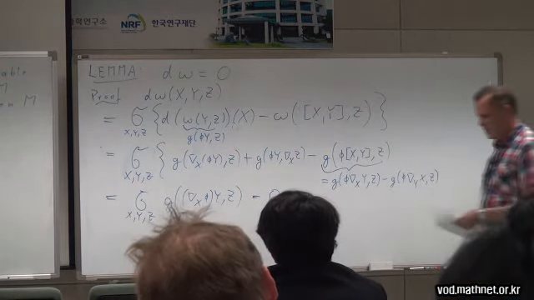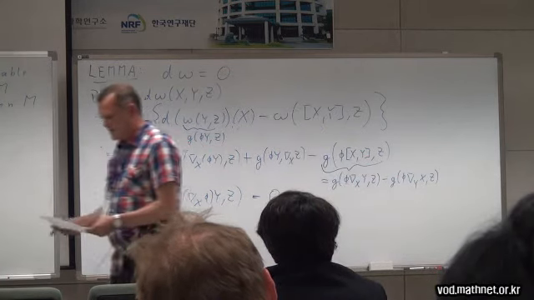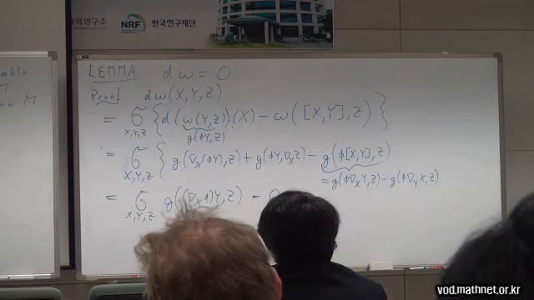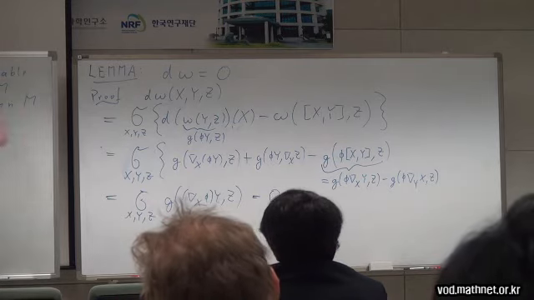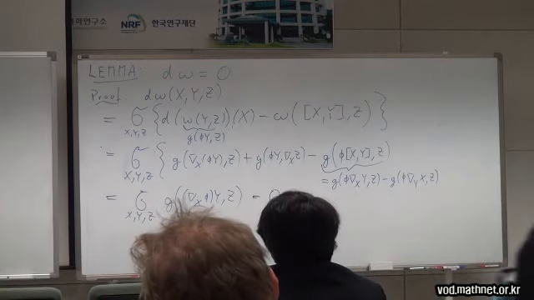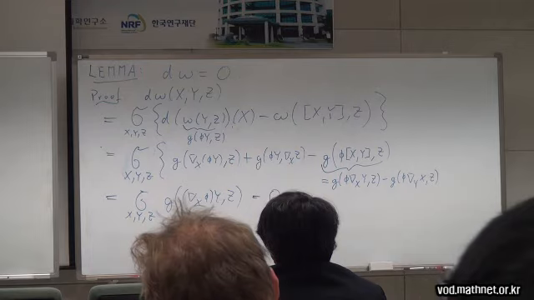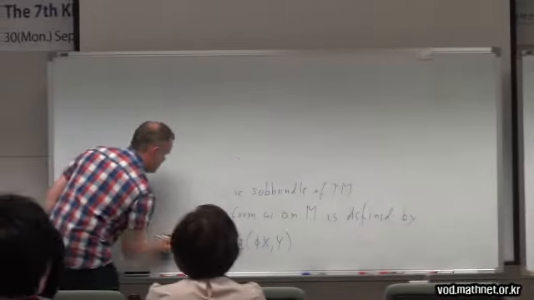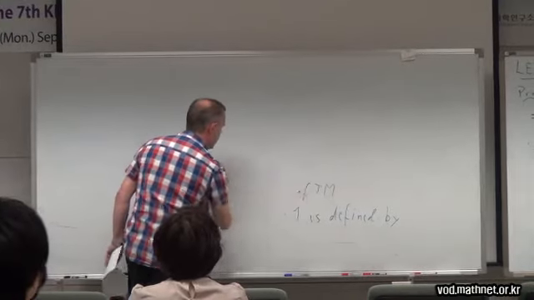So the fundamental 2-form omega is closed. And that's true for any hypersurface in a Kaehler manifold.